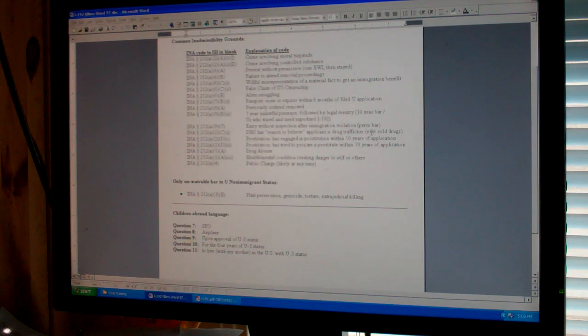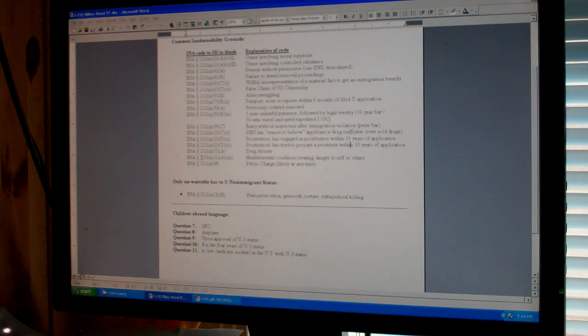Prostitution, we talked about this in the I-918 context. It is definitely something that can be waived fairly easily. And because we are gender neutral, not only is it the person who engages in prostitution, but also tries to procure a prostitute. They're both 212A2D, but there's subsection I and subsection II.